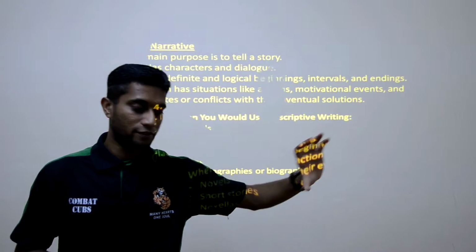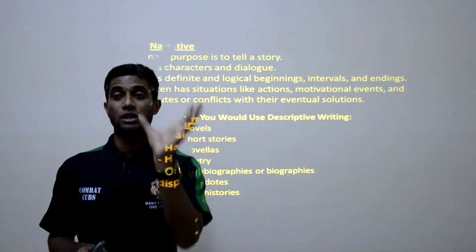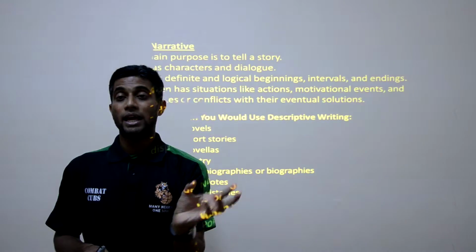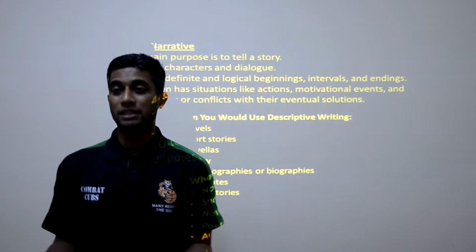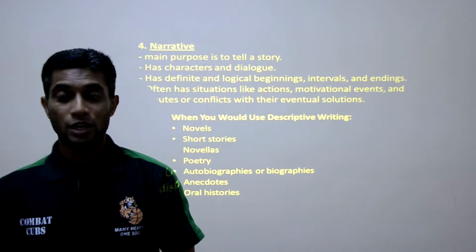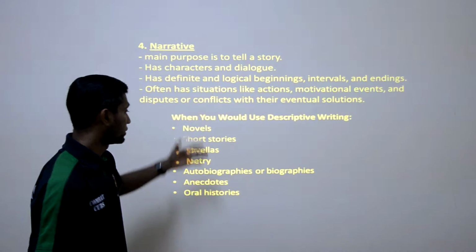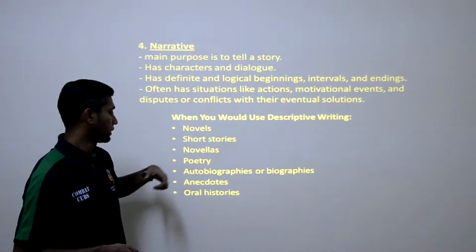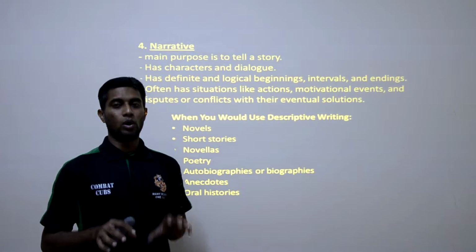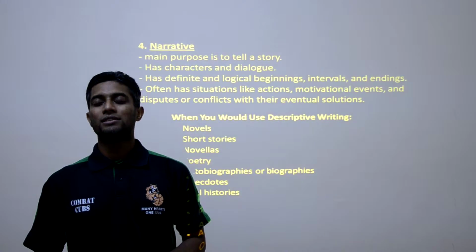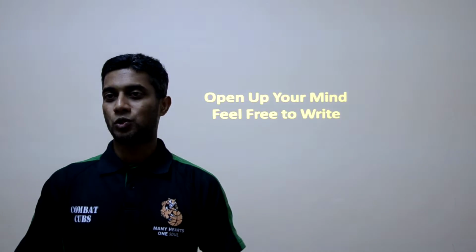So you have to have a beginning, then comes a conflict or a situation, and there is a solution, sometimes with motivational or moral lessons. This is what we use for novels, short stories, poetry, autobiography, anecdotes, or oral histories.